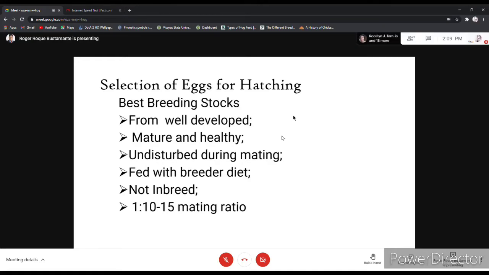But there is research that suggested that the effective mating ratio is just 1:10, or maximum 1:10, to maintain the quality of your hatching eggs. So you have to consider the source of your hatching eggs before you do incubation.